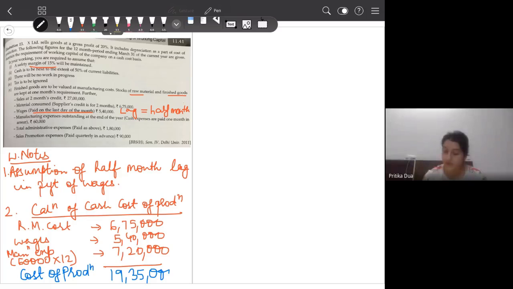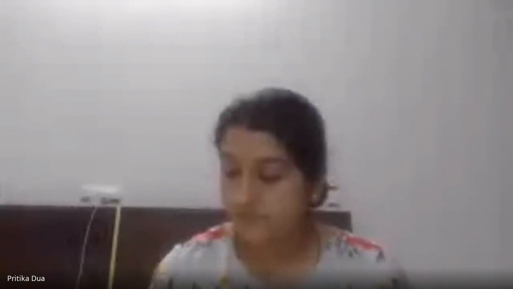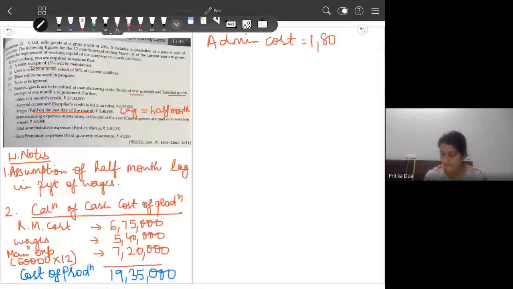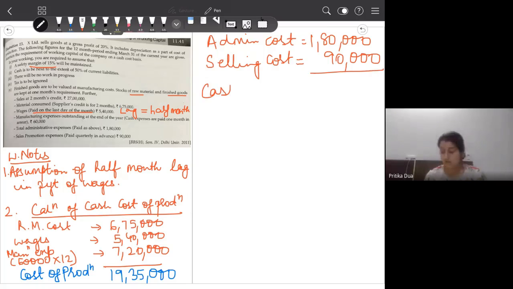So I'll add up the admin cost and the selling cost to get the cash. So 22 lakh 5,000 is your cash cost of sales.